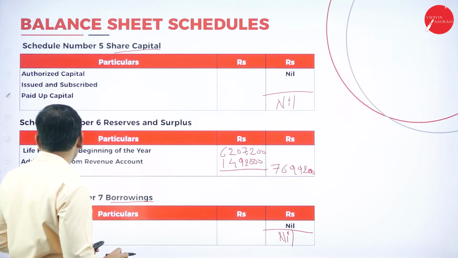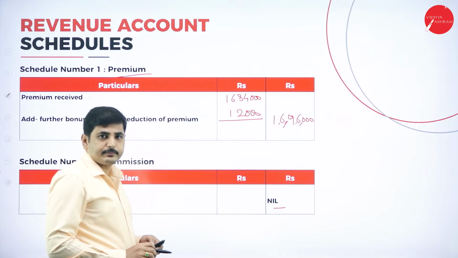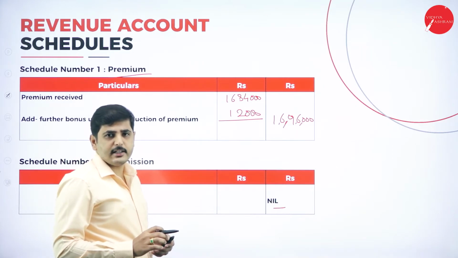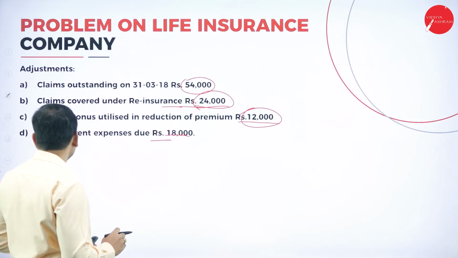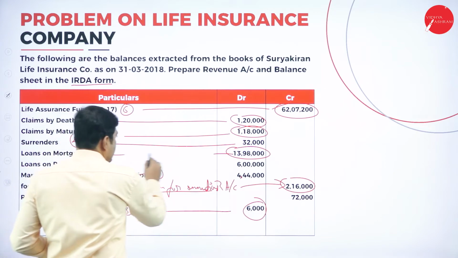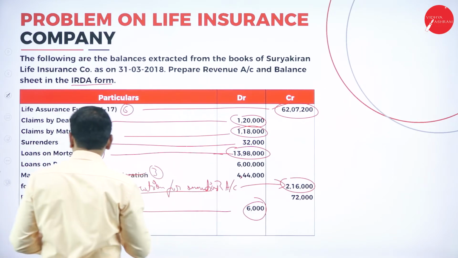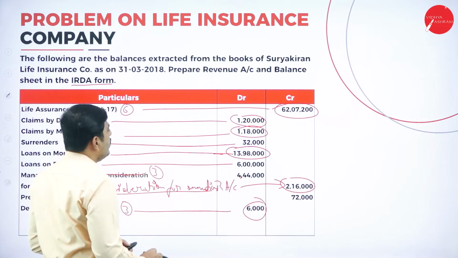Now coming to schedule number 9, loans. Loans against policies, and if you have any surrender claims adjusted against loans and policies, they can also be deducted here. What are the loans? Loans against mortgage is 13,98,000 and loans on policies is 6 lakh.